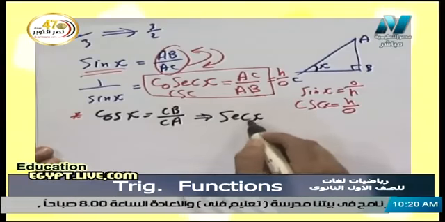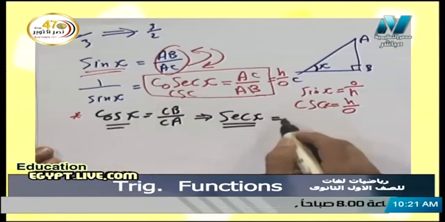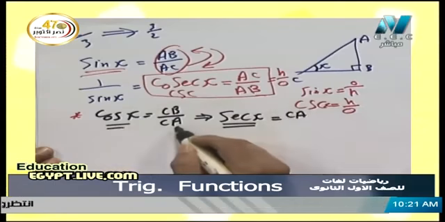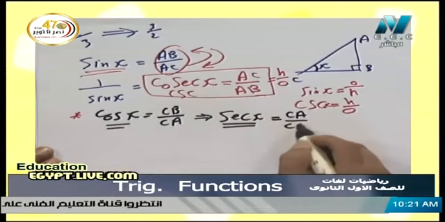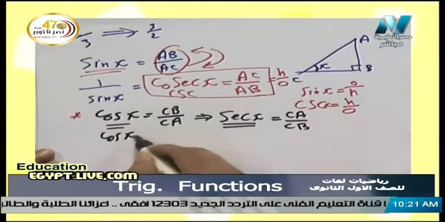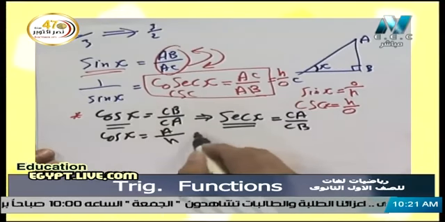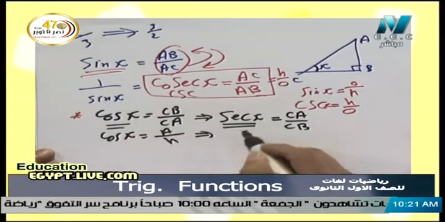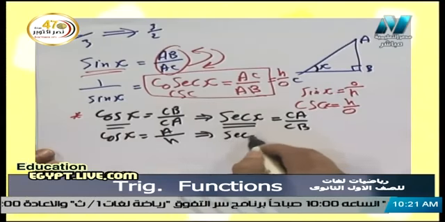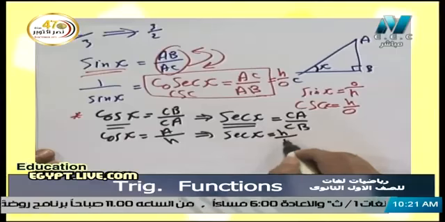Sec x is the reciprocal of cosine x, so it equals CA over CB. Cosine x equals adjacent over hypotenuse, so its reciprocal, sec, equals hypotenuse over adjacent.